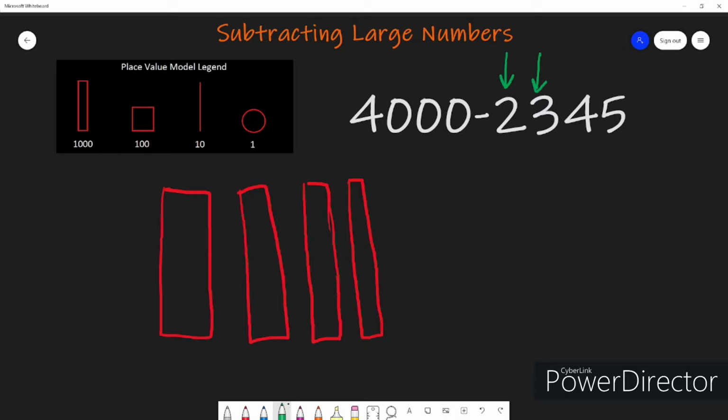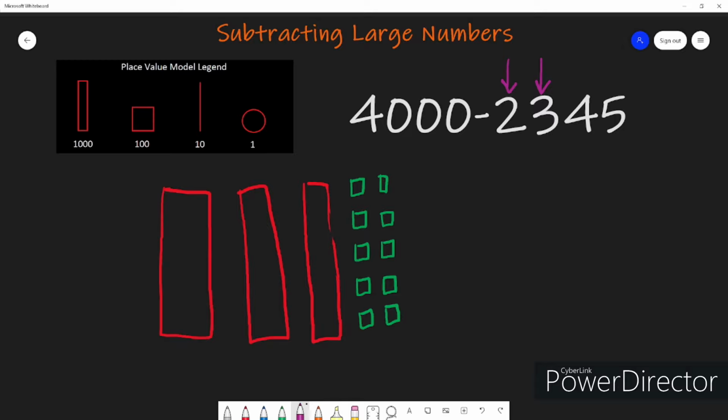So what we ultimately are going to have to do is break down a 1,000 bar into ten 100 boxes in order to now have enough to subtract 300 from 4,000. So let's go ahead and do that. Now that we have 100 boxes, we have satisfied dealing with our 2,000, so we can subtract 2,000 from 4,000. We now are comfortable enough to subtract 300 from 4,000.